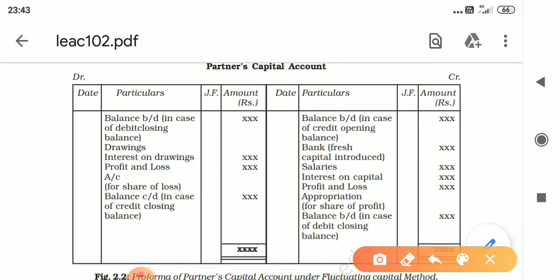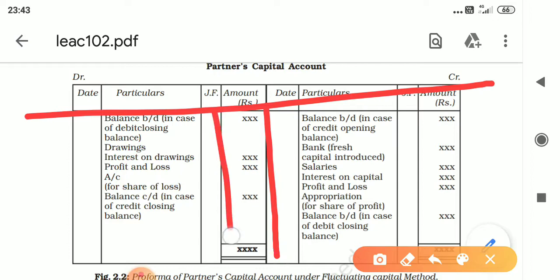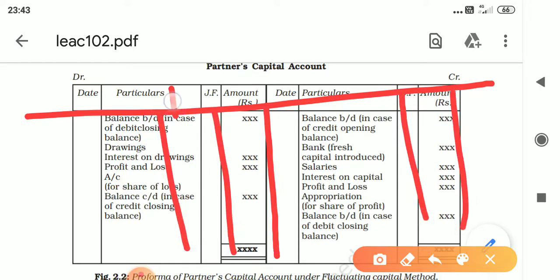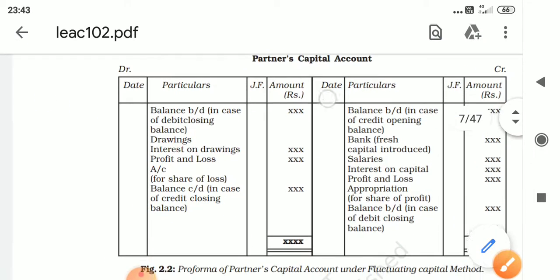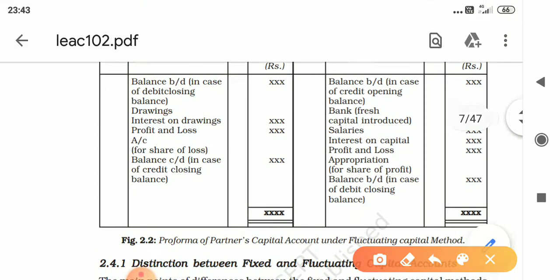Say for example, if this is the partner's capital account, according to the number of partners, we should have that many amount columns. And this is journal folio. If you have three partners, then of course you have to prepare three amount columns.